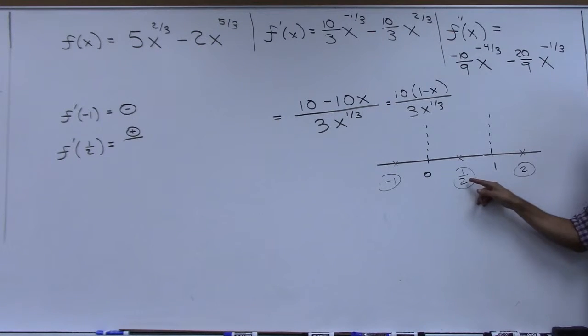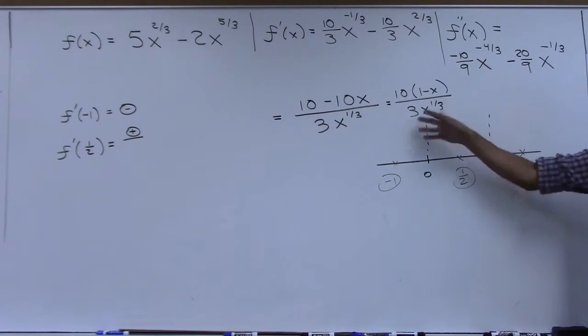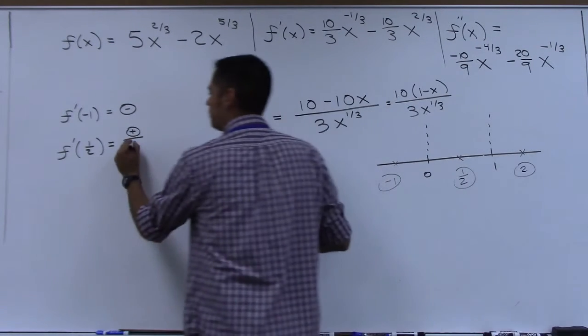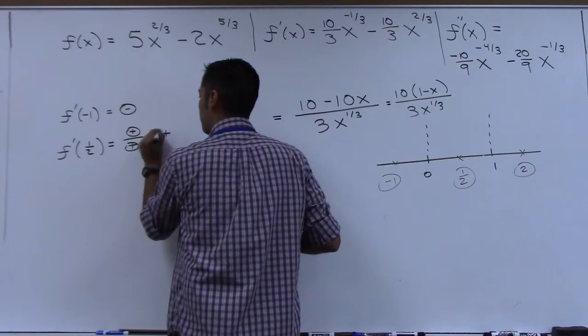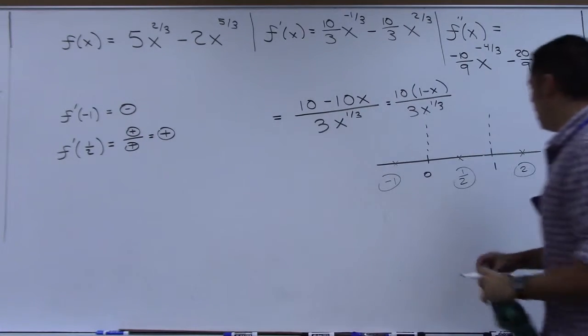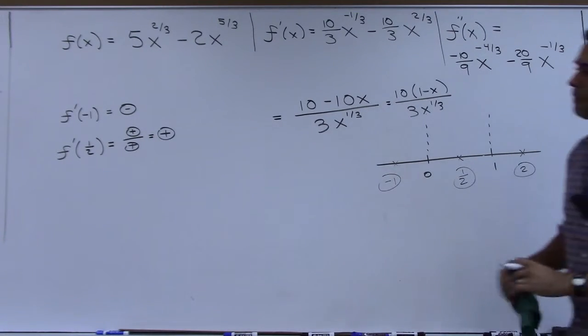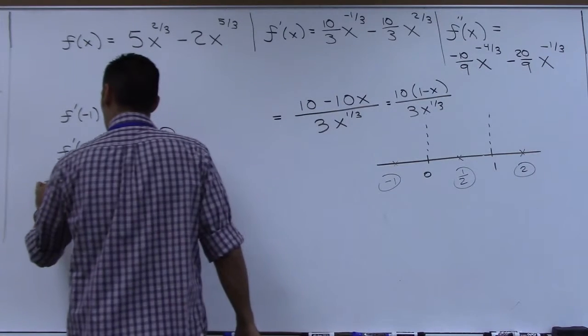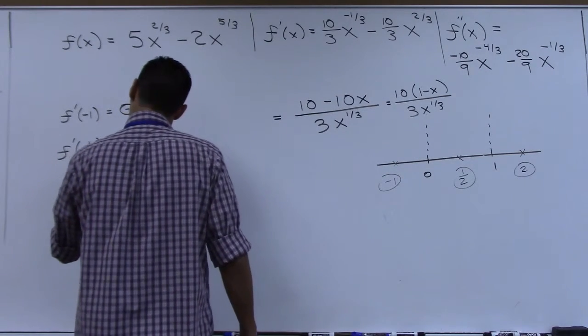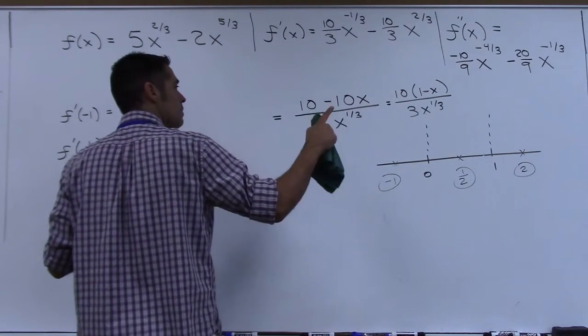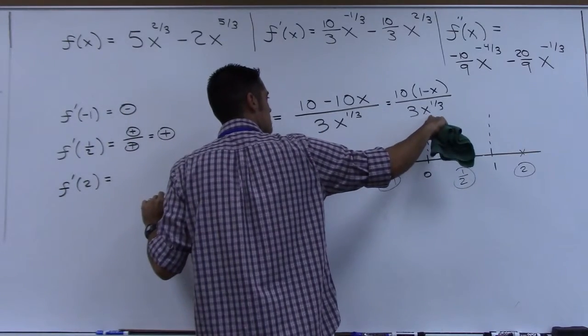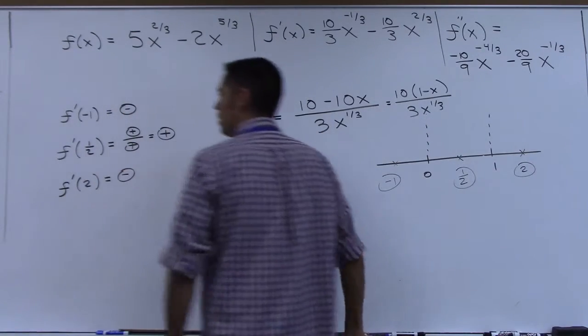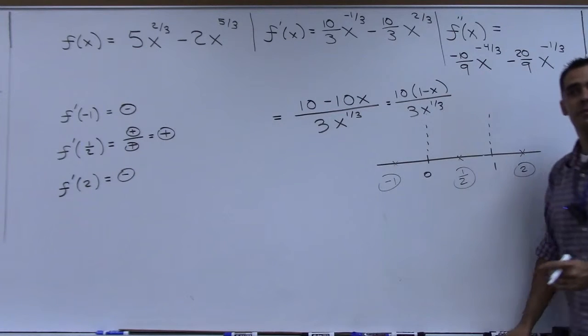Something times something times something 3 times to come out to be positive had to start as positive. And then times 3. So it's positive on the bottom, which means I have positive. So it did switch. And then what about at 2? So you get a negative on top, and then the cube root of 2 is positive, so you should get a negative here. So it switched: negative, positive, negative.